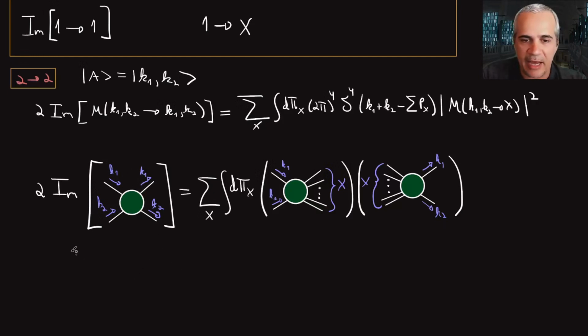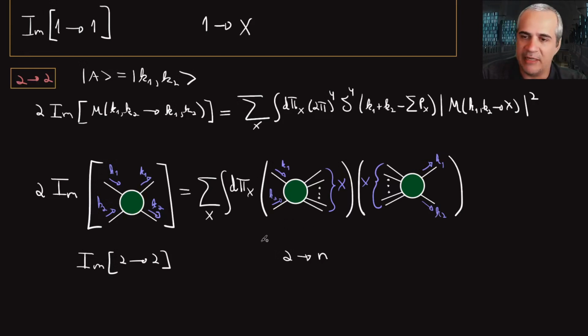And again, I related an imaginary part of a two-to-two scattering to now some two-to-n scattering, where n is the number of states in X, and I'm summing over various different values of n with the constraint that I should be able to produce them on shell, otherwise they don't generate an imaginary part on this left-hand side. This is becoming very familiar, right? We have seen this happening for a few loops we calculated a few videos ago.